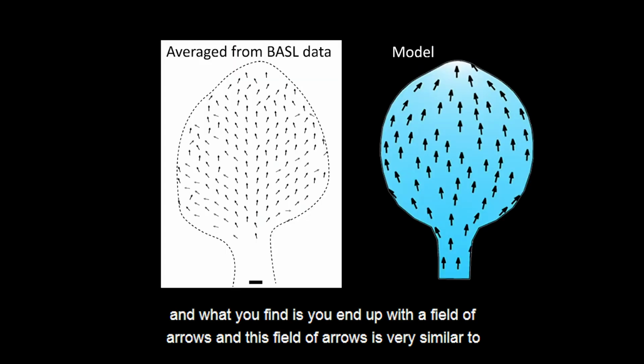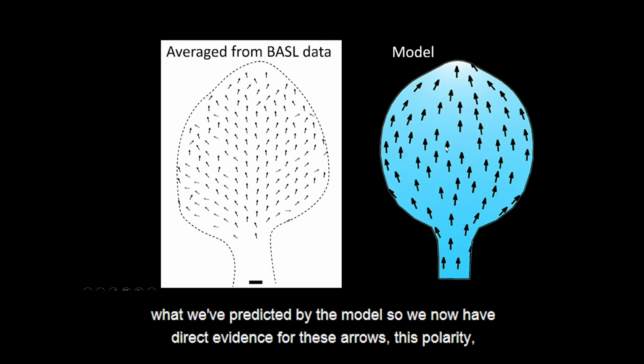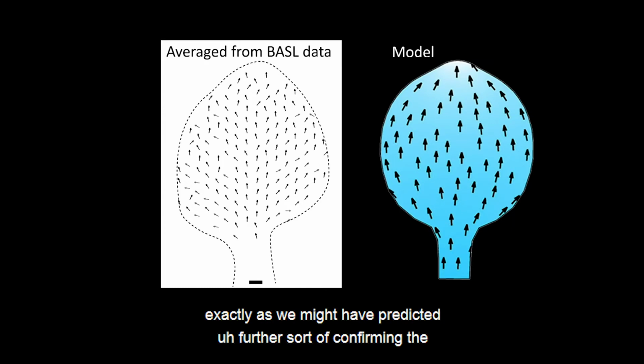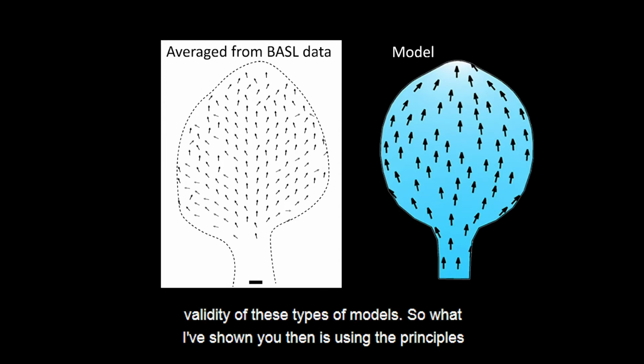And what you find is you end up with a field of arrows. And this field of arrows is very similar to what we've predicted by the model. So we now have direct evidence for these arrows, this polarity, exactly as we might have predicted, further confirming the validity of these types of models.